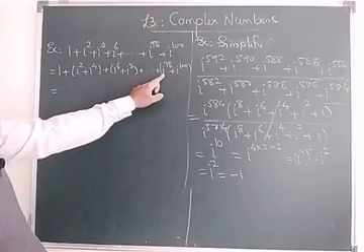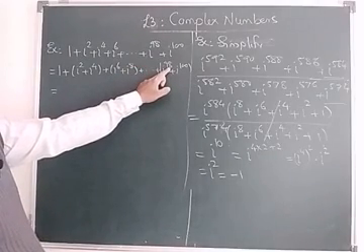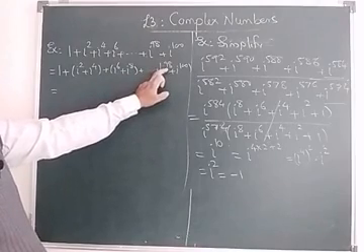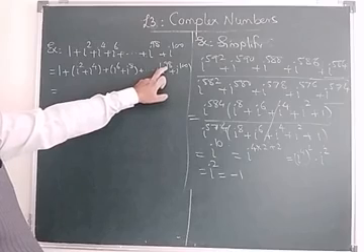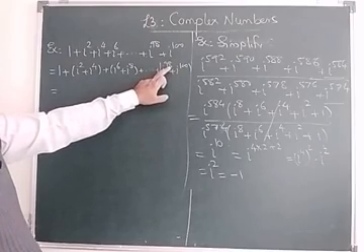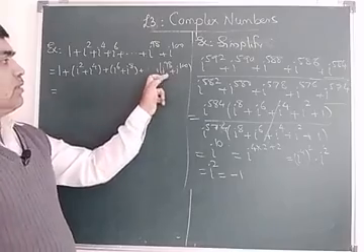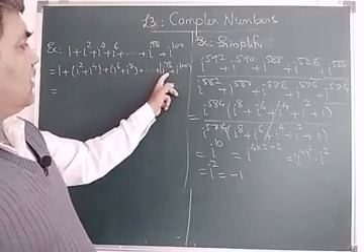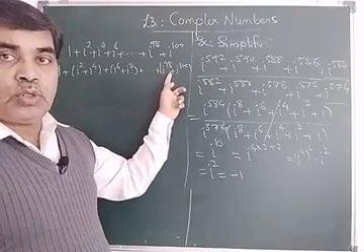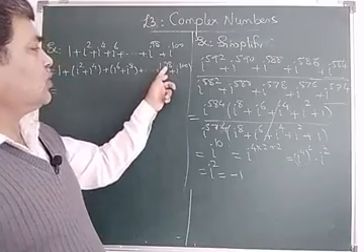If I divide 98 by 4, what will be the remainder? 4 twos are 8, remainder is 1, then 4 fours are 16. So 24 into 4, that is 96 plus 2, so it is i square.